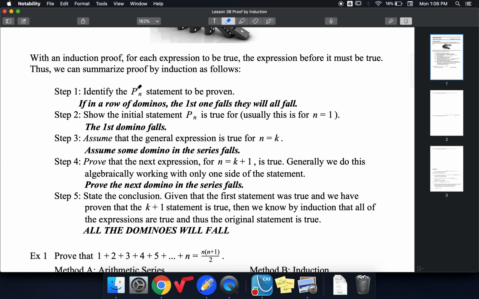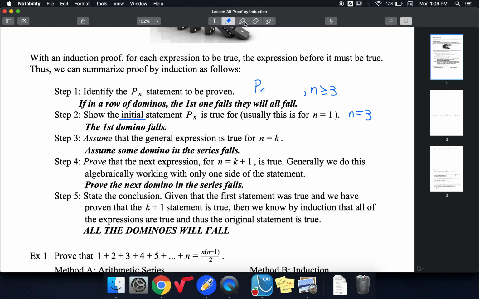We want to write it as a P sub n statement, and normally it's going to have a left-hand side and a right-hand side. We want to show that the initial statement is true. That's typically n equals 1, but it depends on how the statement is set up, because if P sub n is true for n greater than or equal to 3, then we would start with n equals 3 as the first term.